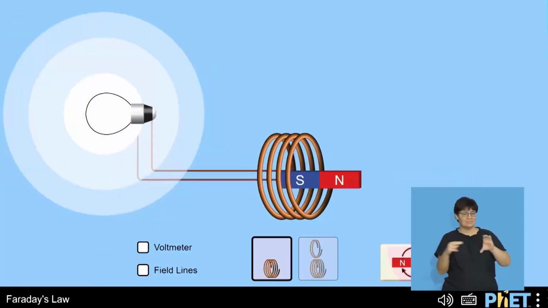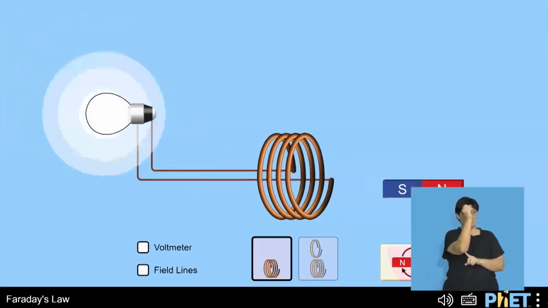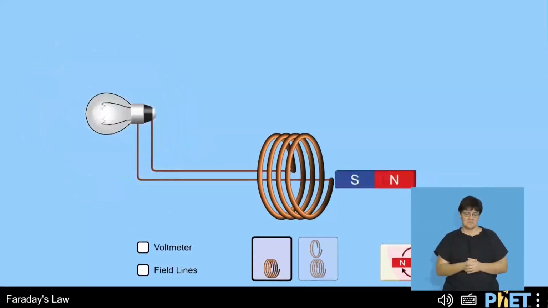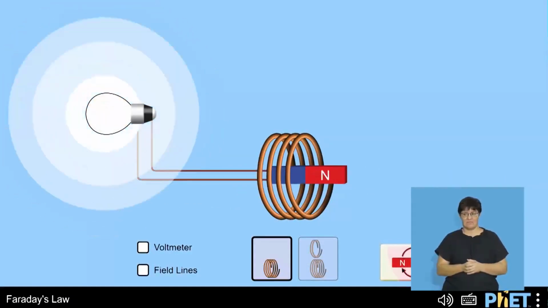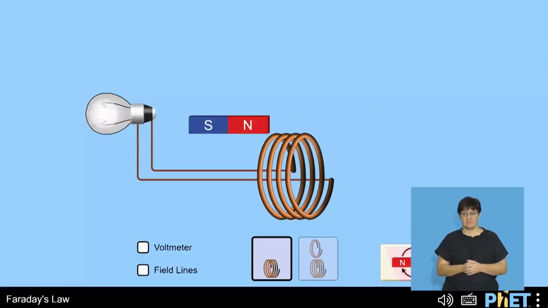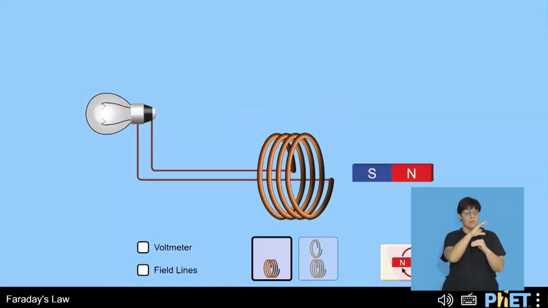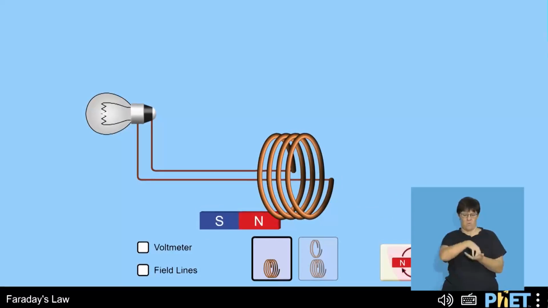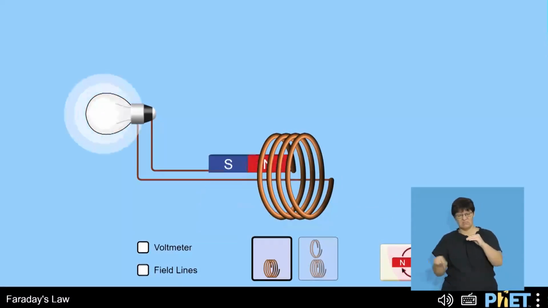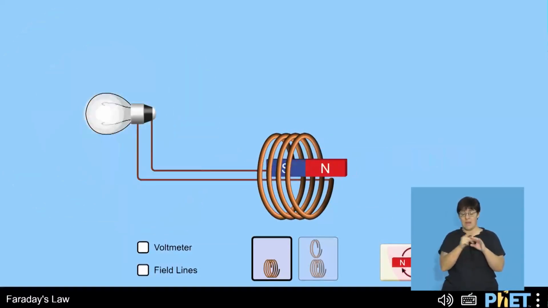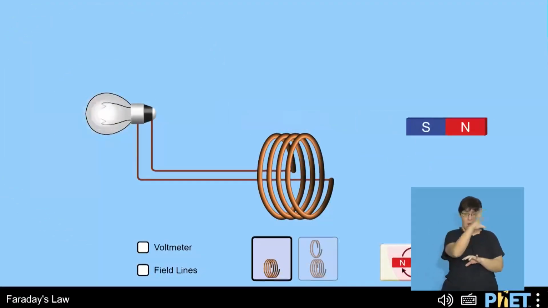It still goes in and out, making the light bulb shine. You might ask me, what happens if I do it above the coil and not in it? Well, the light bulb still goes on and off, but not to the same degree, because it is better if it goes through the middle of the coil.